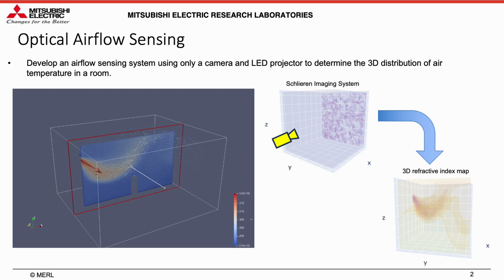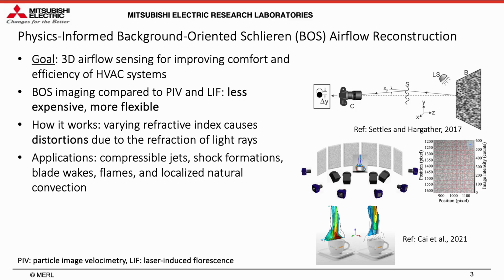And that textured pattern could be produced by a projector, for example. And from the observed images by the camera, we want to be able to reconstruct the 3D airflow volume as a result of variations in the refractive field that the airflow is causing.